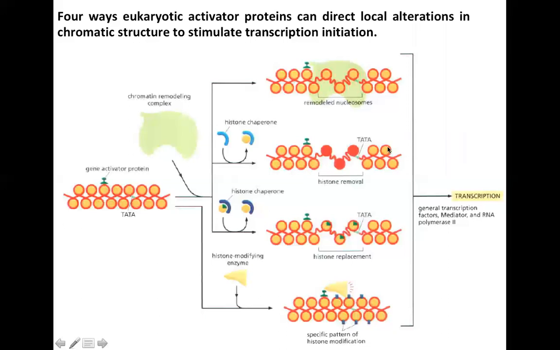It keeps transcribing the DNA, and as soon as the RNA polymerase moves forward, new histones are brought in and immediately modified by the histone methyltransferases, which are also carried along by the RNA polymerase.